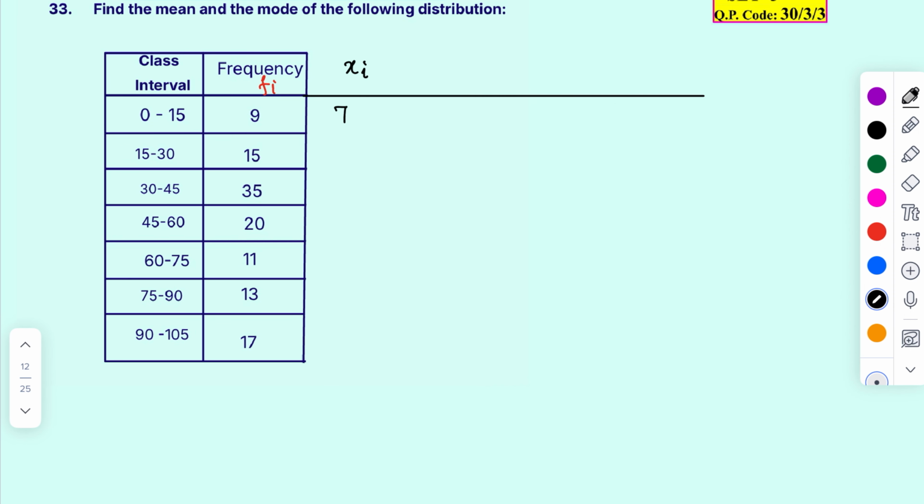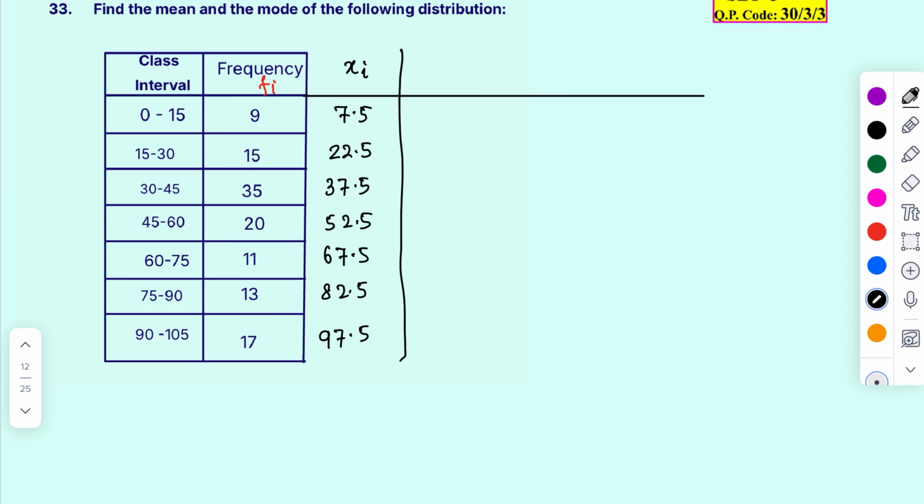So the first one will be equal to 7.5, second is 22.5, next is 37.5, 52.5, 67.5, 82.5 and 97.5. These are the class marks of these class intervals.